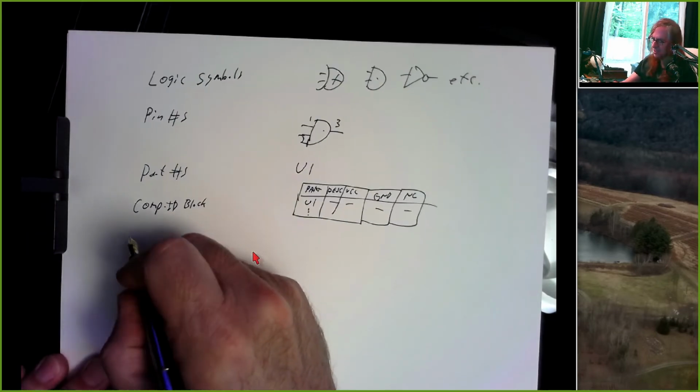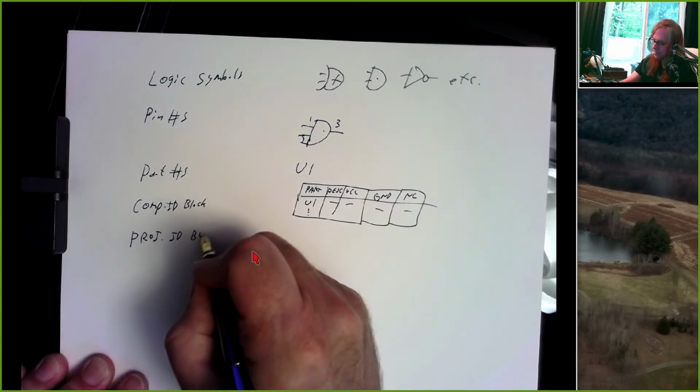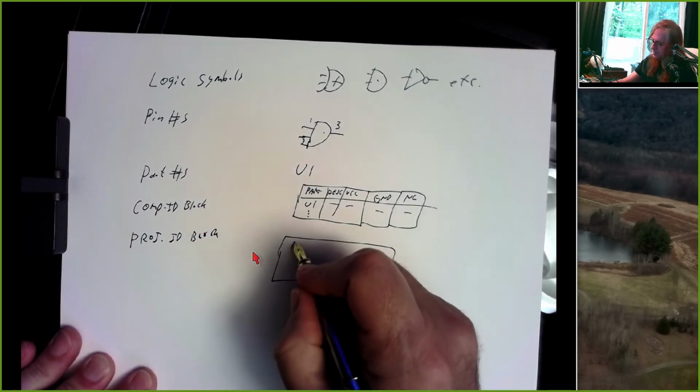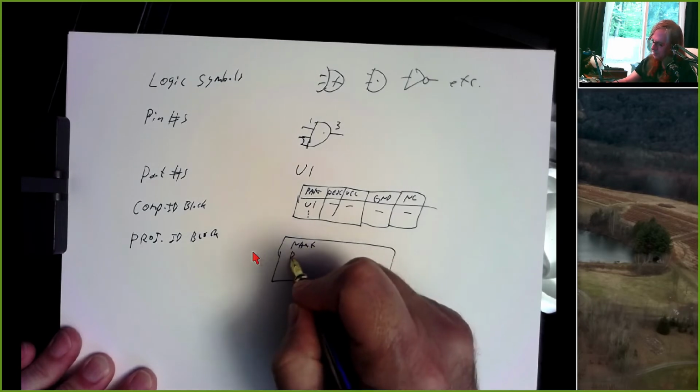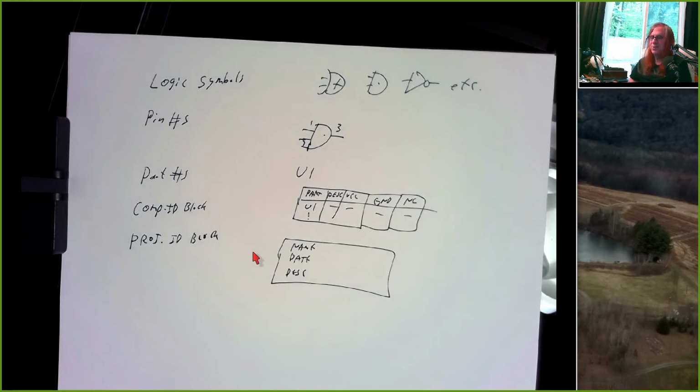Project ID block, which goes in the lower right, and has your name, has the date, has a couple of words of description. Traffic control circuit, lab 2, engineering 250. That's fine.